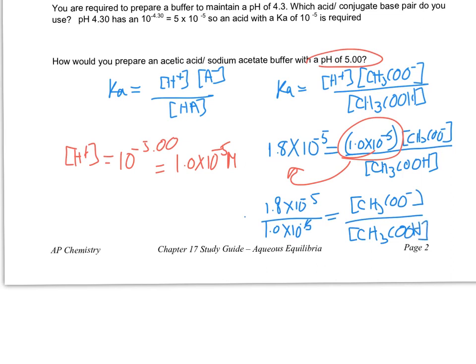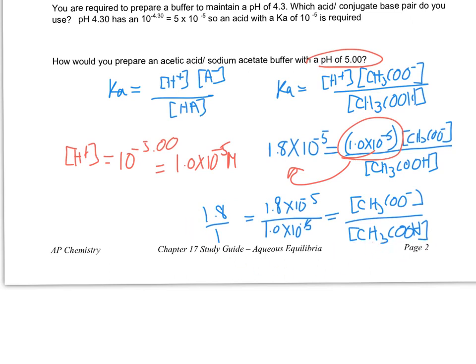If you divide that, that ends up being 1.8, right? Which is the same thing as 1.8 over 1. What is that telling you? That's telling me that I want to make this buffer so that my acetate ion concentration would be 1.8 times the concentration of my acetic acid.